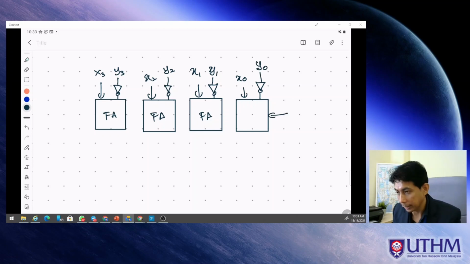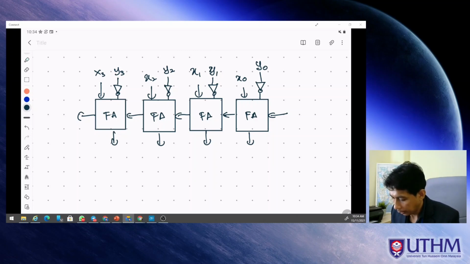And here, what is the number that you need to have? Must be number 1 to perform sub, because this y complement, you need to add this 1 to have your second complement.